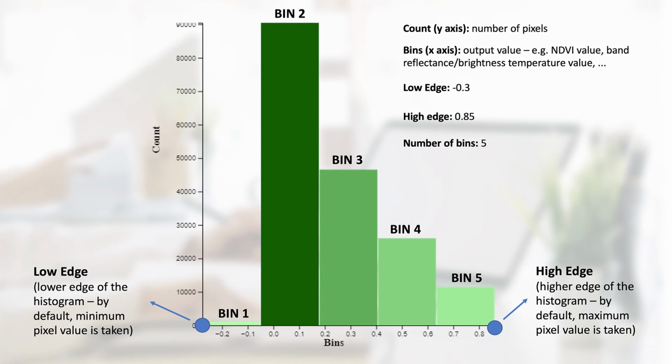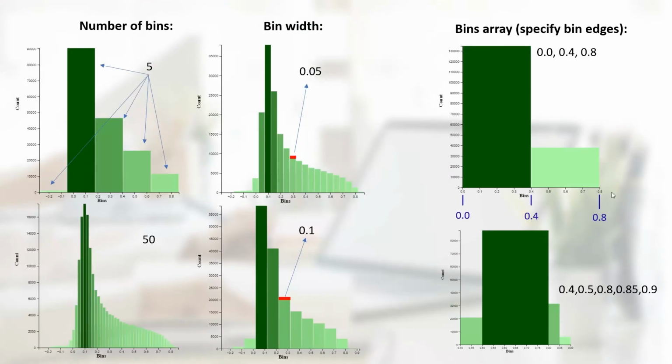So we have 3 general options. The first 2 make equidistant bins. In the first one, we specify the number of bins. So for example, if we say 5 bins and nothing else, then the full range of the NDVI, let's say that we're just working with NDVI in all the examples, the minimum and maximum values in the interval are taken, and we have 5 bins.